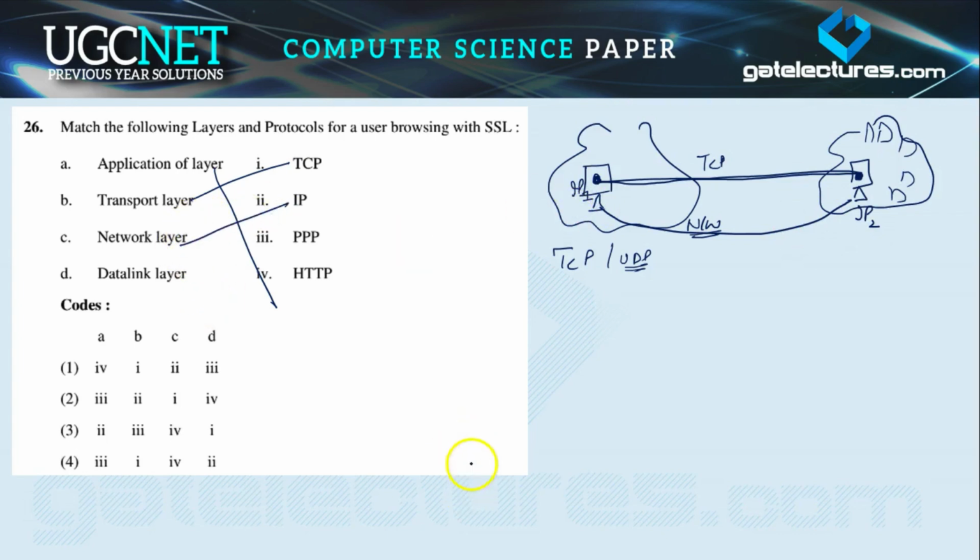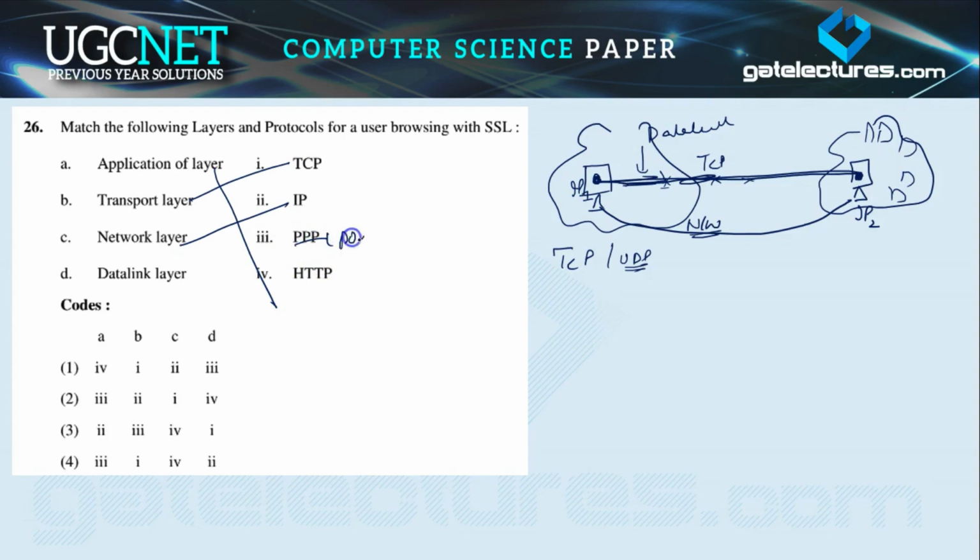And the next one is data link layer. The responsibility of the data link layer is node to node delivery of messages. The main function of this layer is to make sure that data transfer is error free from one node to another. There are some nodes in between. So node to node delivery is the responsibility of the data link layer, and in this case it uses the point to point protocol.